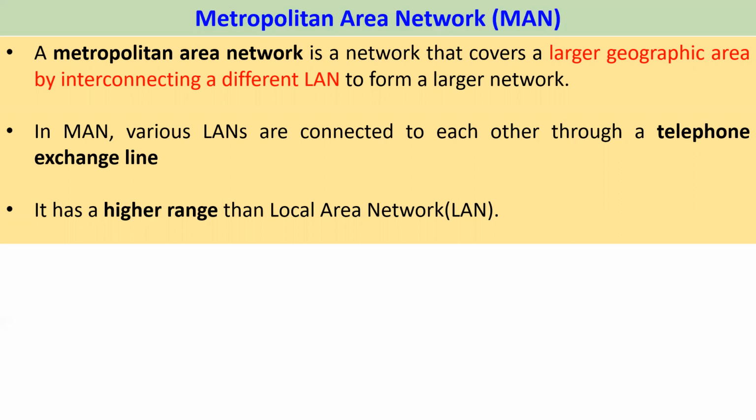That second feature says various LANs, different local area networks available in different places. Using some special devices, they can connect with each other. Using telephone exchange lines and some other devices, they can connect with each other. Then they form a somewhat larger network system called metropolitan area network.